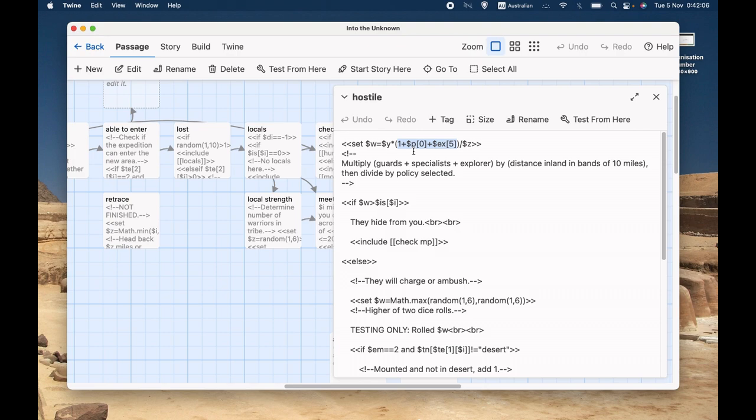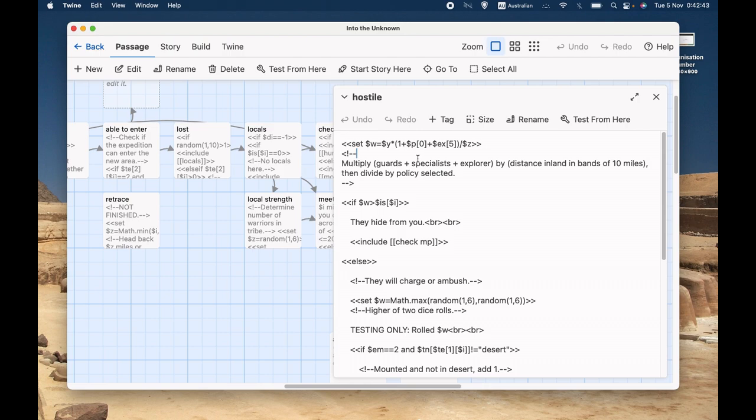And I'm thinking of changing that in the future so that if anyone's sick, that reduces the total. But for now, that seems more realistic, because in the game, if you're sick, you're seriously sick. You're not just sort of, I got a cough or something. It means that you're sick enough that you have to be carried. So you're sort of obviously sick. It would be obvious to people looking at you that you weren't in fighting condition. But for now, that isn't taken into account. And then you divide by the policy selected.